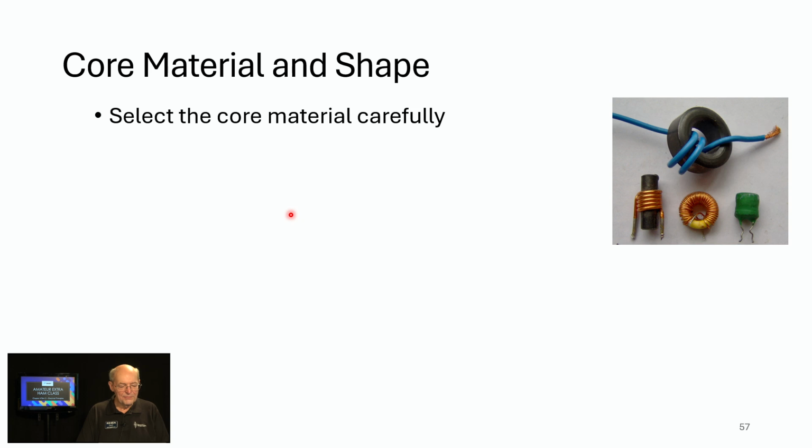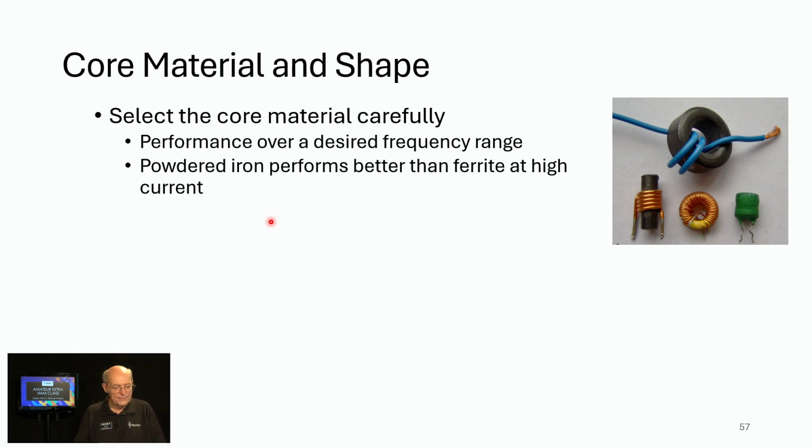Core material and shape. This is considered a solenoidal form or shape. This is a toroid, resembles a donut. Here, we don't really know what this one is because it's encapsulated, but it's important to select the core material carefully if you're building your own stuff.